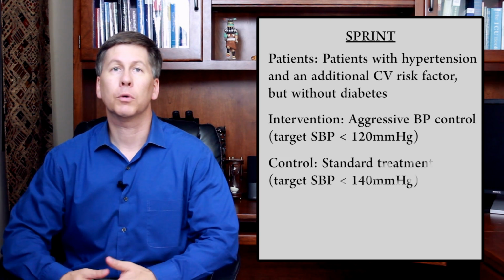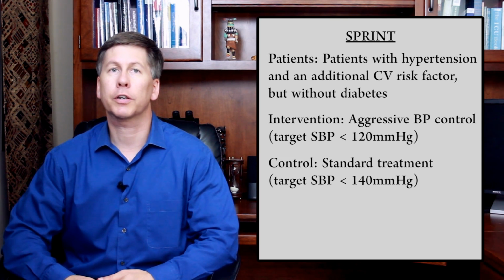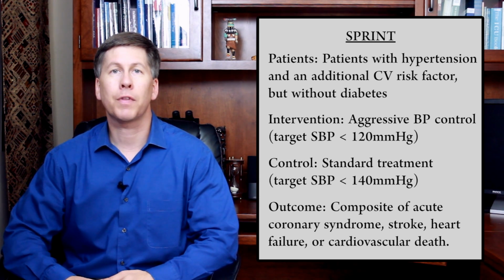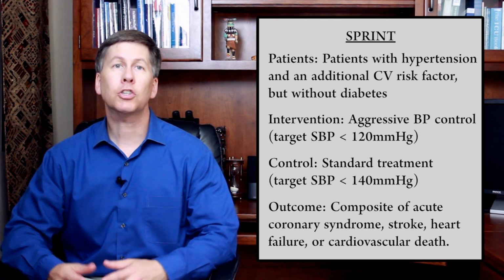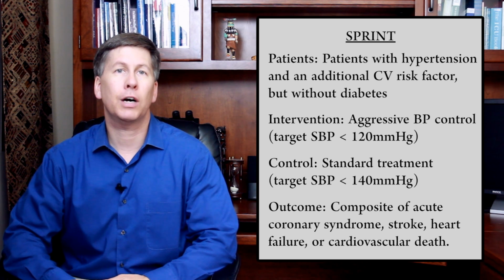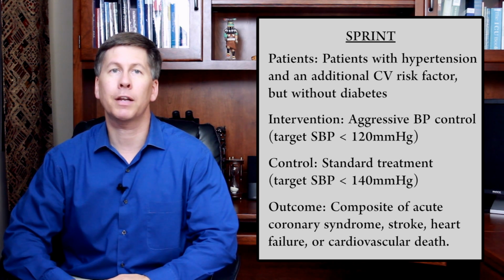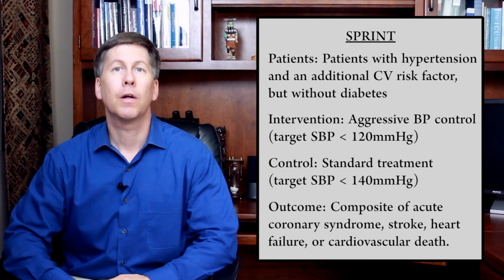The control arm was standard treatment in which the systolic target was under 140. The primary outcome was a composite one that combined acute coronary syndrome, stroke, heart failure, or cardiovascular death. Much to many people's surprise, investigators found there to be such a statistically significant benefit to the intensive treatment that the trial was stopped early.